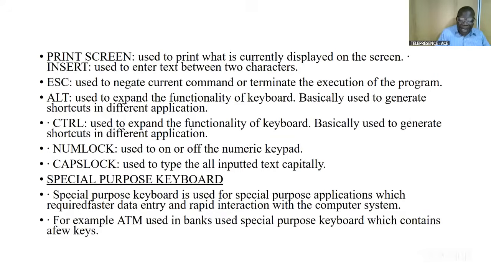When you want the numeric pad on, you put that on. When you want it off, put that off. The caps lock is also used to type all input text in capital letters. We say it capitalizes your alphabet.